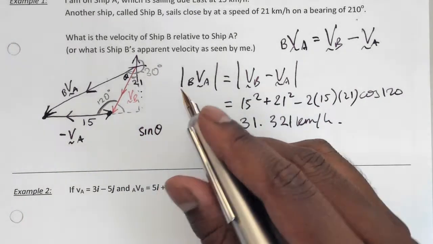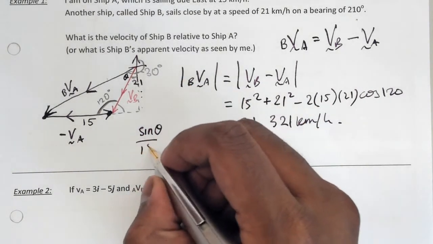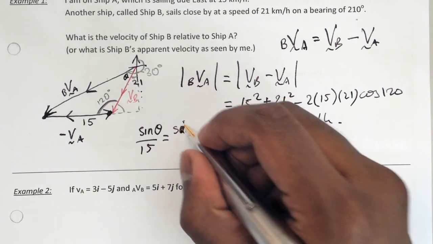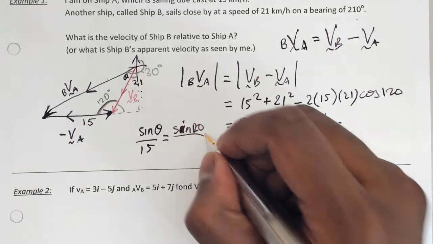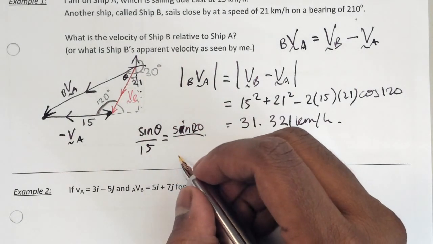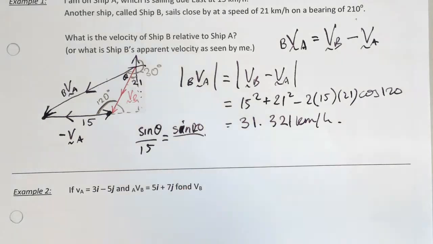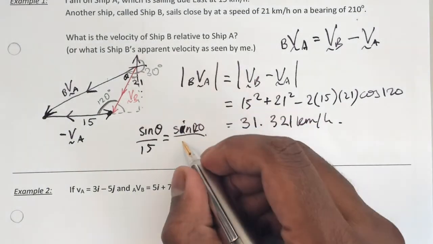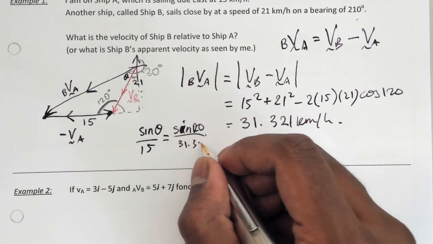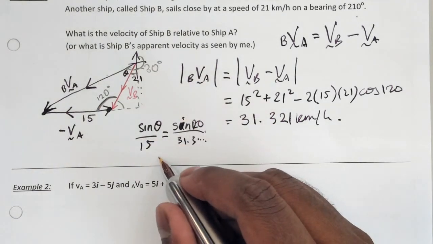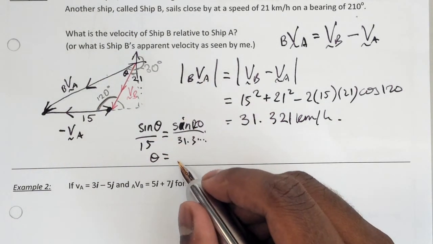Sine theta over 15 equals sine 120 over 31.3 dot dot dot. Solving for theta, I get 24.5.